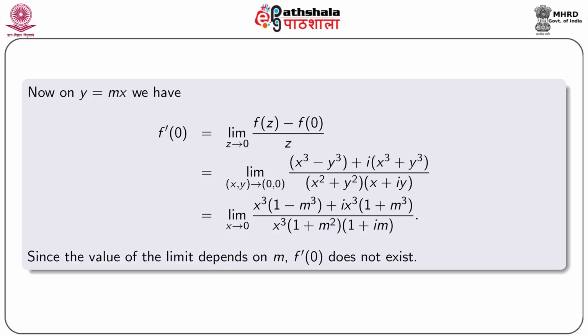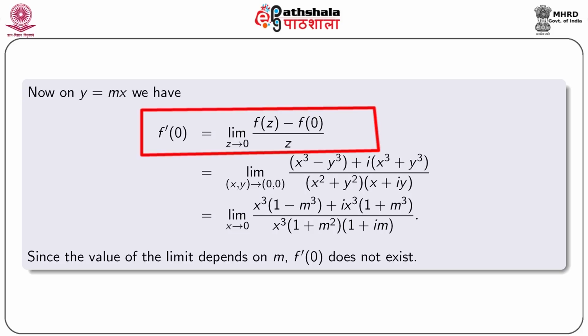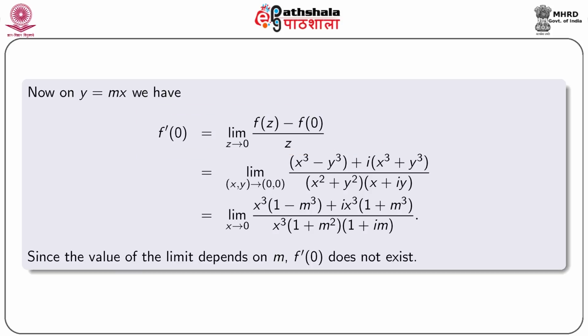Now, on the line y = mx, we have f'(0), that is the derivative of f at the point 0, equal to the limit as z tends to 0 of (f(z) − f(0))/z, that is equal to the limit of [(x³ − y³) + i(x³ + y³)]/[(x² + y²)(x + iy)], and that is equal to the limit as x tends to 0 of x³(1 − m³) + i x³(1 + m³) over x³(1 + m²)(1 + im).